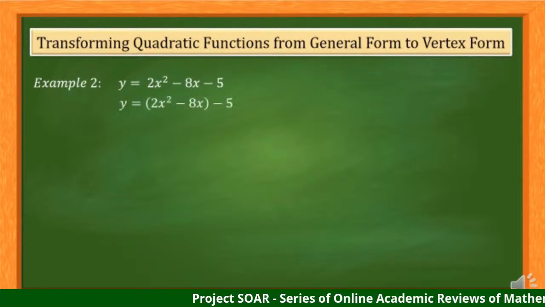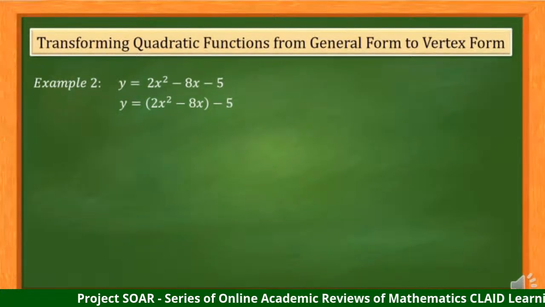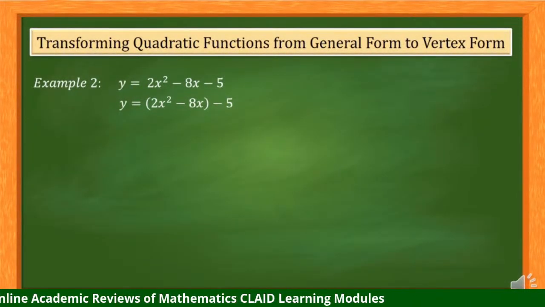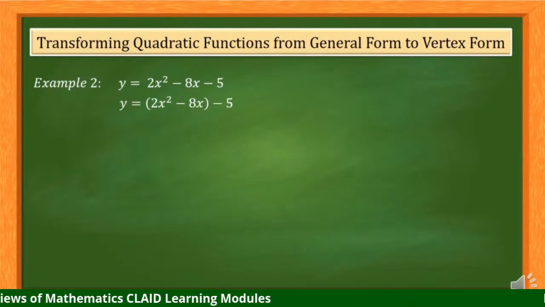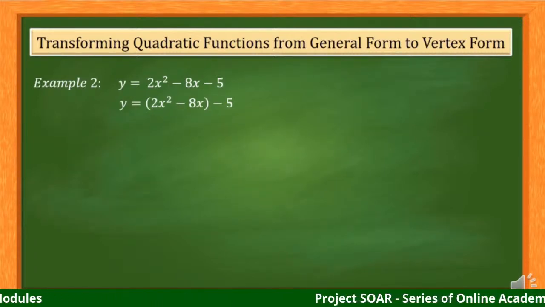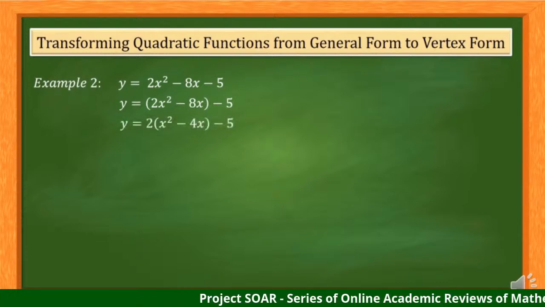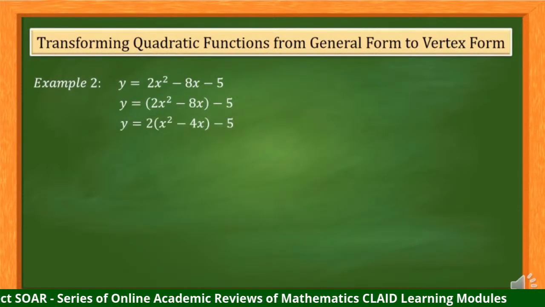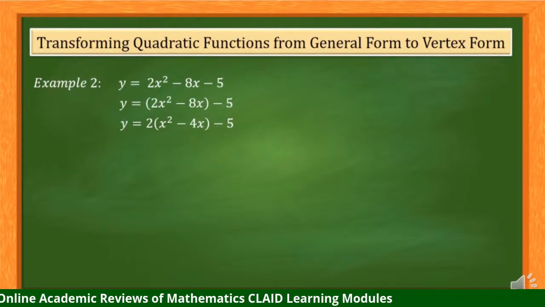We have y equals the quantity of 2x squared minus 8x, minus 5. Then next, since ang a natin is greater than 1, ifa-factor out natin siya. The result is y equals 2 times the quantity of x squared minus 4x, minus 5.